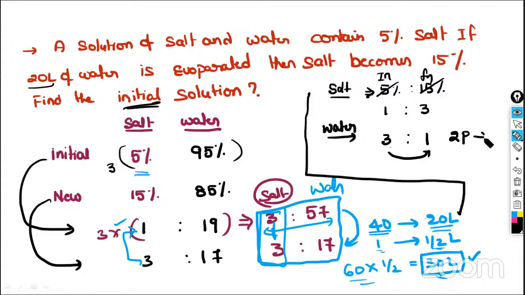Then 2 parts is how much? 20. 1 part is how much? 10. Then initial of 3 parts, 3 into 10. How much? 30 parts, 30 liters.